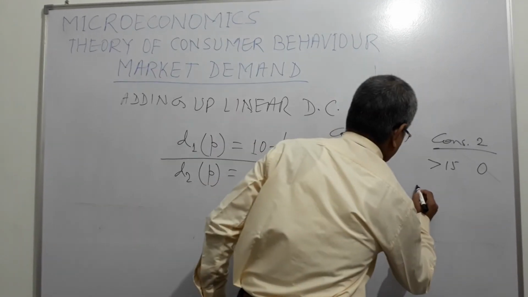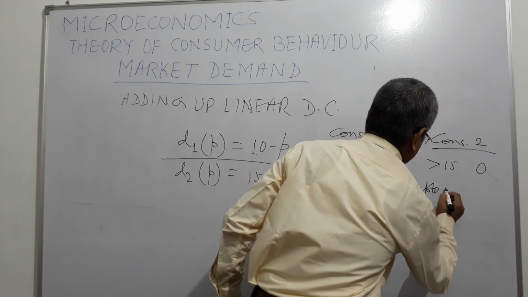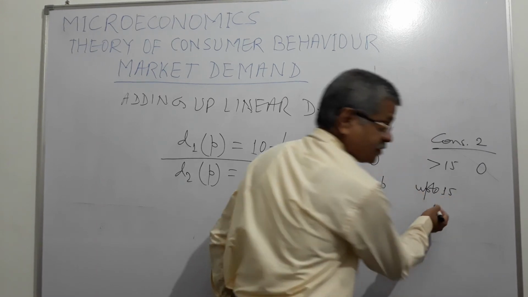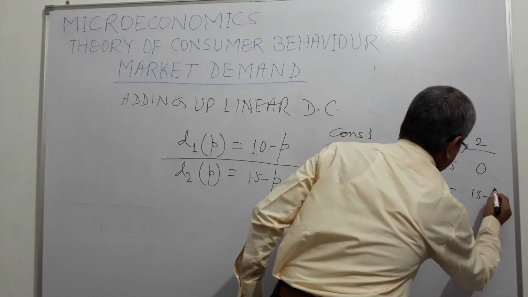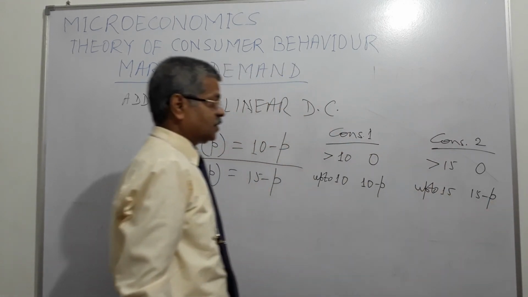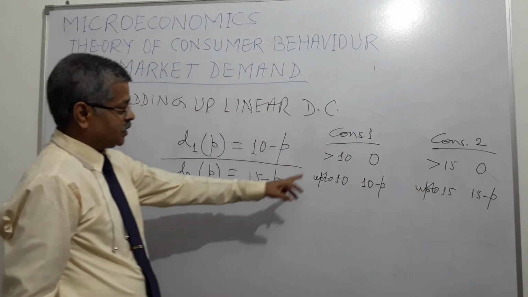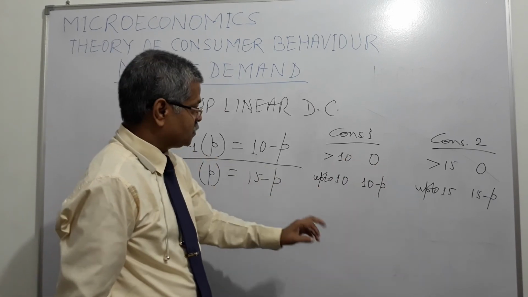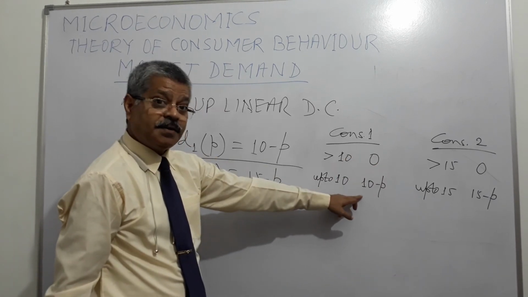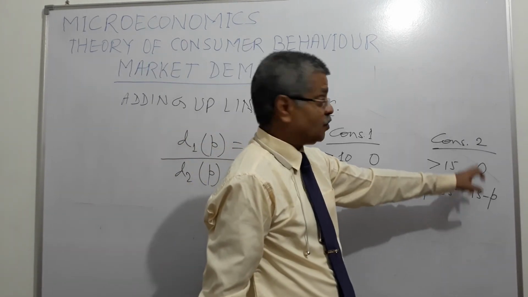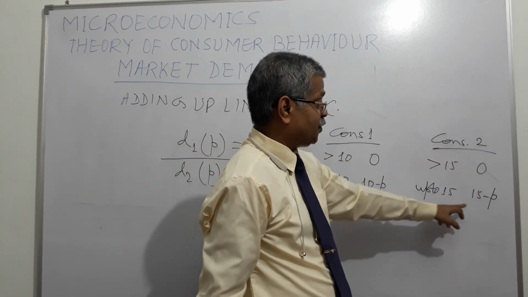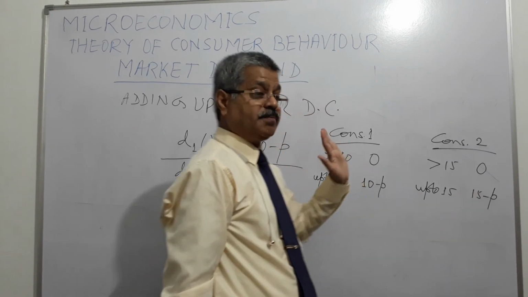Second one, up to 15, this is the price, 15 minus p. More than 10, 0; up to 10, this is the demand. More than 15, the demand is 0 for consumer 2; up to 15, it is 15 minus p.